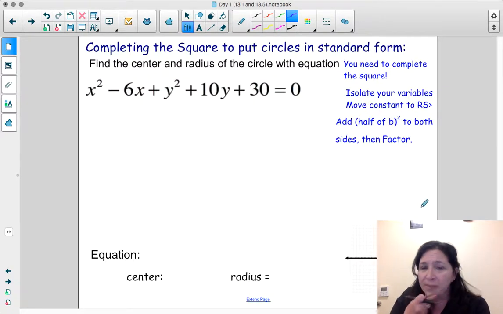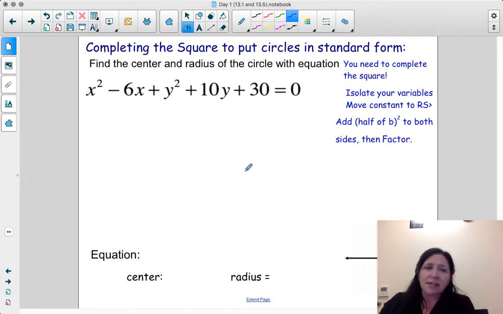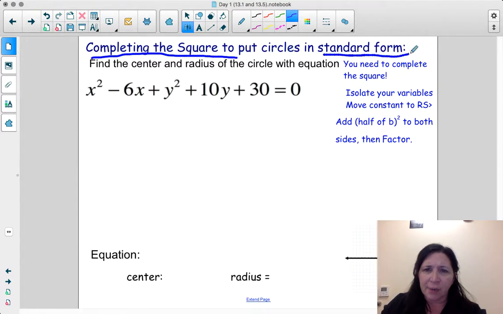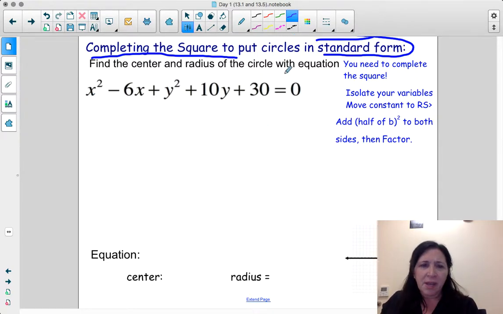Okay, so now what we call this is completing the square, in order to put circles in standard form. The form that you see right here is general form. That's the general form for a circle, not standard form.